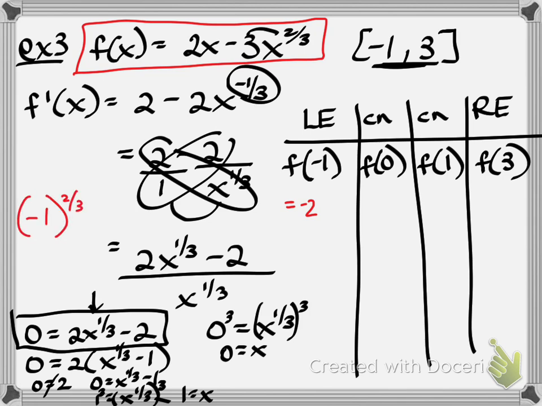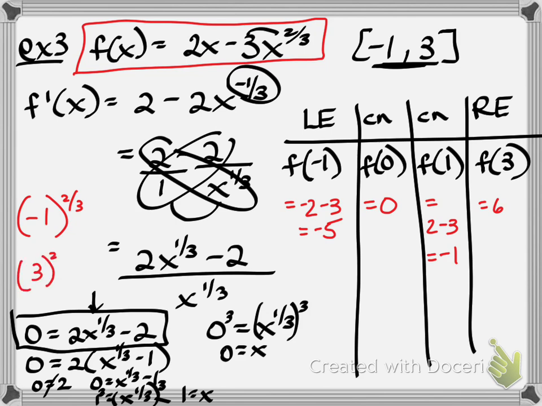Negative 1 to the second power is 1. The cube root is 1, so it's minus 2. So I think it's negative 5. 0 gives me 0. 1 gives me 2 minus 3, or negative 1. And 3 gives me 6 minus 3 times 3 to the 2/3.